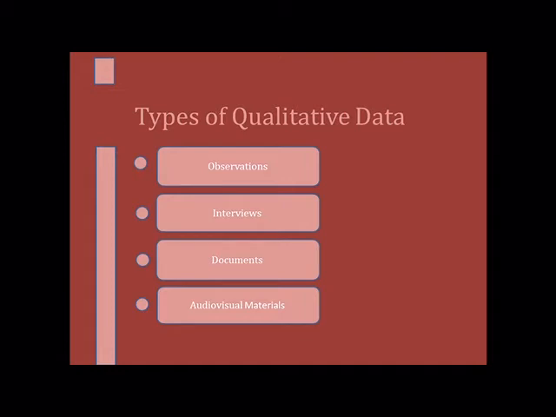As a form of data collection, observation has both advantages and disadvantages. Advantages include the opportunity to record information as it occurs in a setting, to study actual behavior, and to study individuals who have difficulty verbalizing their ideas. For example, preschool children.